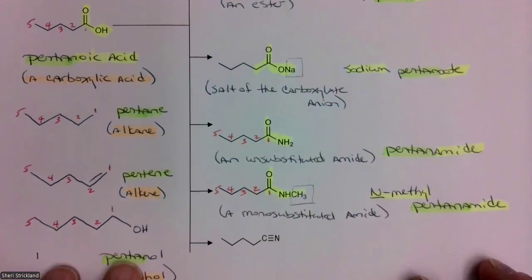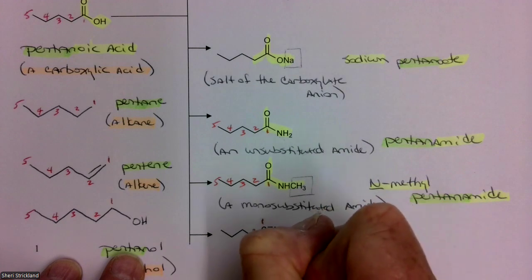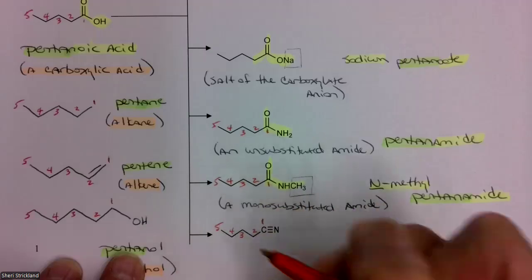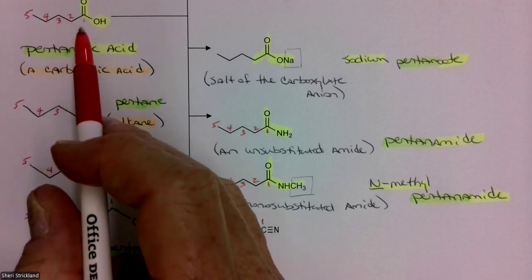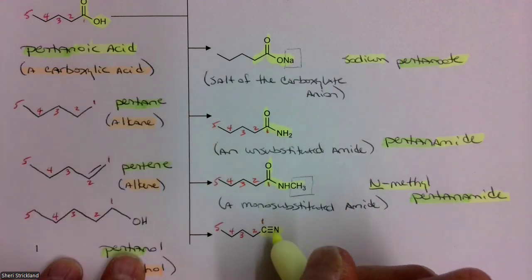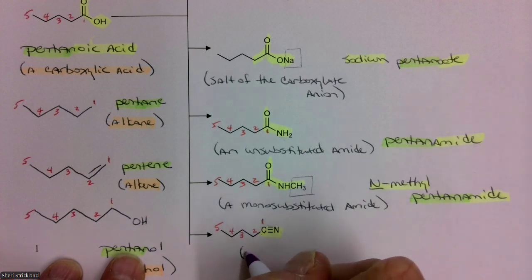But this last one, the nitrile, I don't know that I would have thought this initially, but the reason that this gets to be a carboxylic acid derivative is that if it goes through a hydrolysis reaction, it forms the corresponding carboxylic acid. So the functional group is actually right here, and like with the other ones, this carbon is not only part of the functional group, but also the first carbon of the parent. This is called a nitrile.